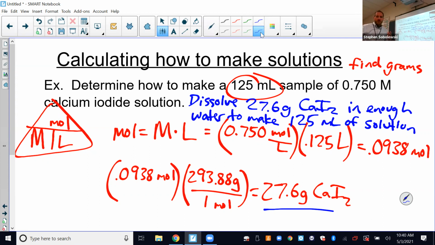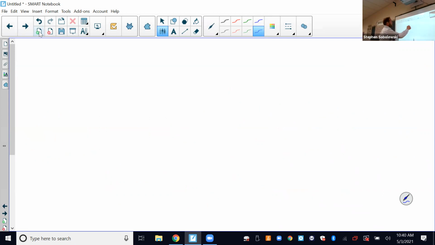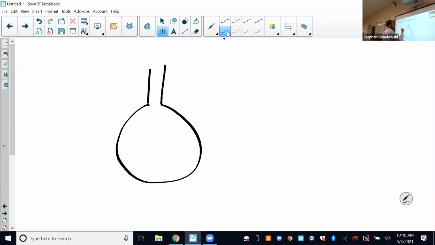And just so you can look ahead at where we're going, because we will be making some of these in lab, you generally take a round bottom flask, and this has a line on it that says, might be like 100.00 milliliters. So you would add your 27.6 grams of solid, clumped at the bottom like that. And then you add a bunch of water to it, so it fills up about this much.